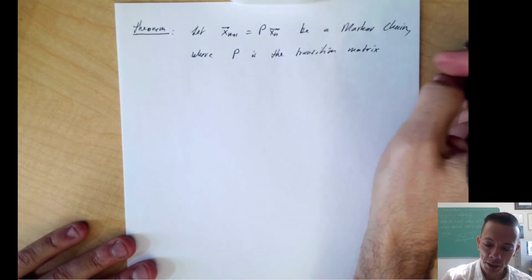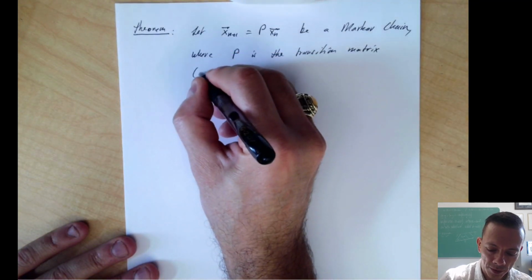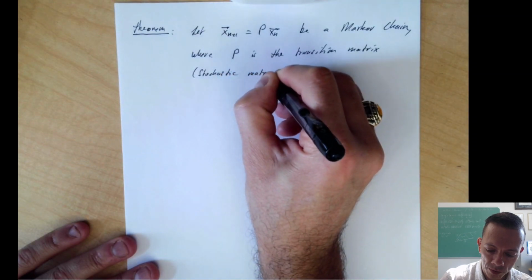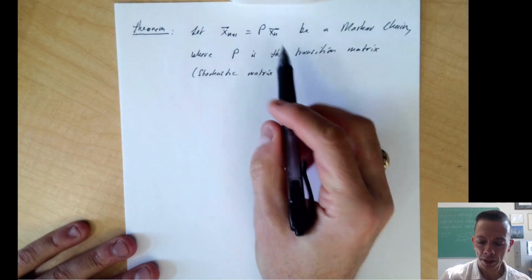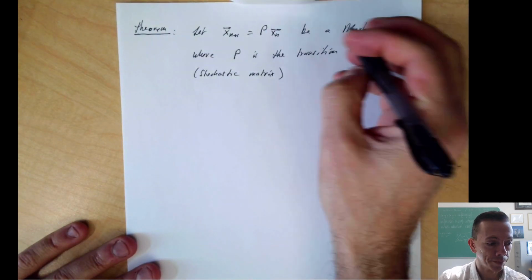And the transition matrix of a Markov chain is necessarily stochastic, meaning that the column sums of all the elements always equal 1.